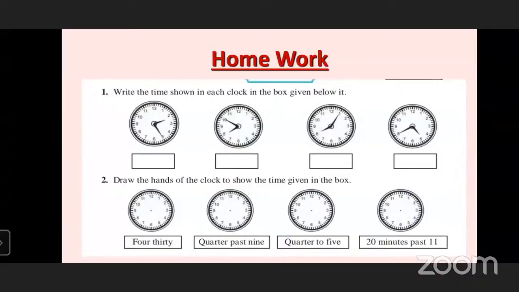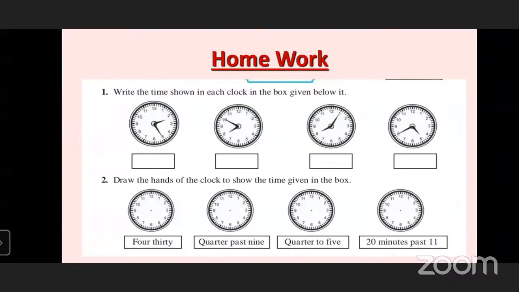Here is some homework for you: write the time shown in each clock. In the first, second, third, and fourth, there are 4 clocks, and you have to read that time and write it in a box. The second question is to draw the hands of a clock to show the time given in the box. Here the time given is 4:30.